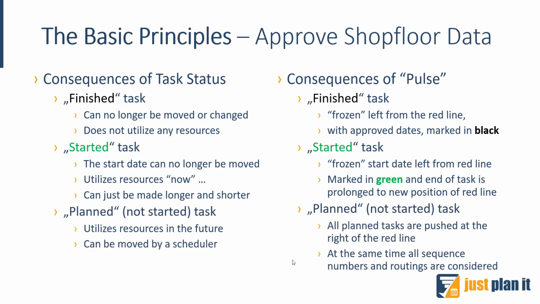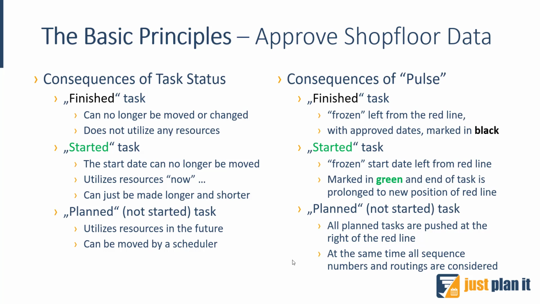Okay, and the planned tasks, those tasks that you know already, that we have been focusing on in the chapters before, of course they are utilizing the resources in the future, and of course they can be moved by automatic scheduling or by any scheduling action that the planner does.